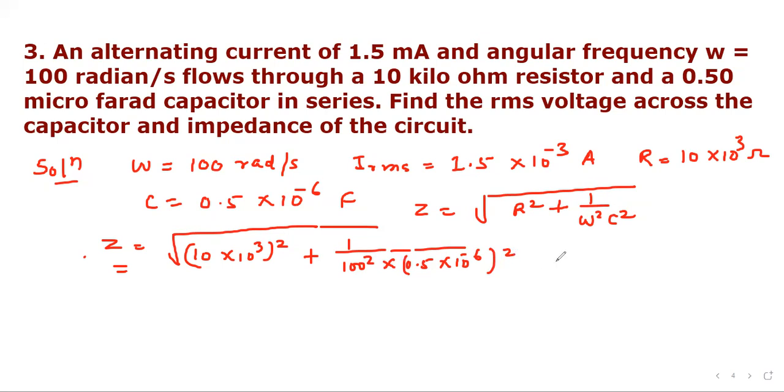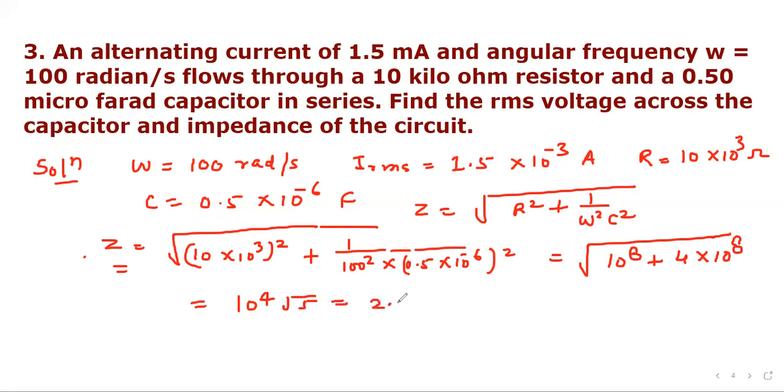So it will become root of 10 power 8 plus 4 into 10 to the power 8. We simplify this. So this will be equal to 10 power 4 times root 5, which will be equal to 2.23 into 10 to the power 4 ohm.